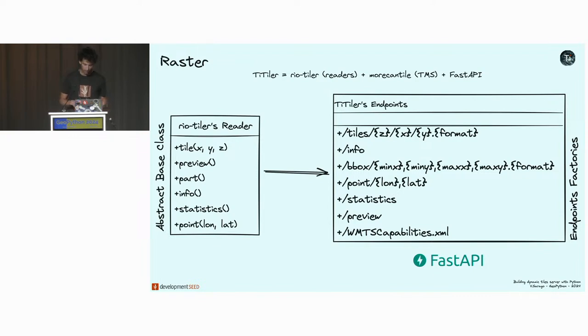So I talked about Morecantile, which is the way we define the grid. I talked about RioTiler, which is the part that reads the data. And we use both projects within TiTiler.